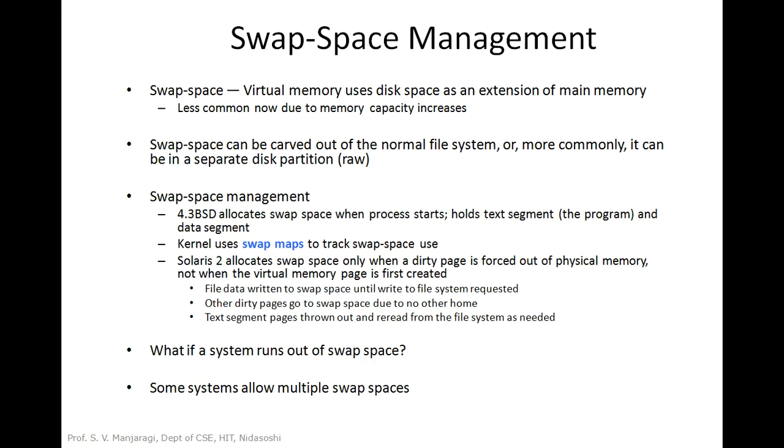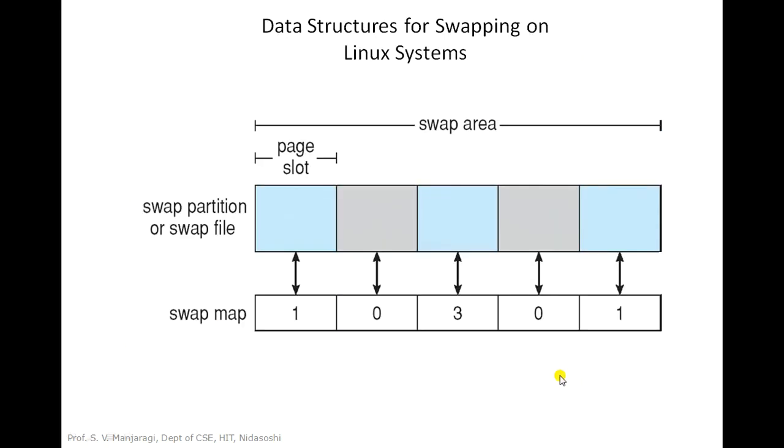The first option is that we cannot start the new process because there is no space left in the main memory and also in the swap space. Another way is to maintain multiple swap spaces. If one swap space is full, we can go to the next swap space where we can store the processes.